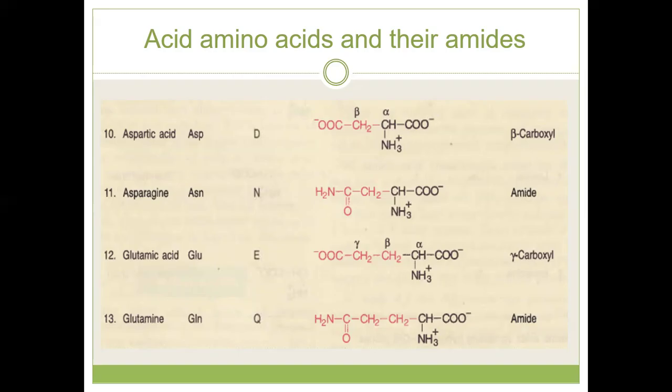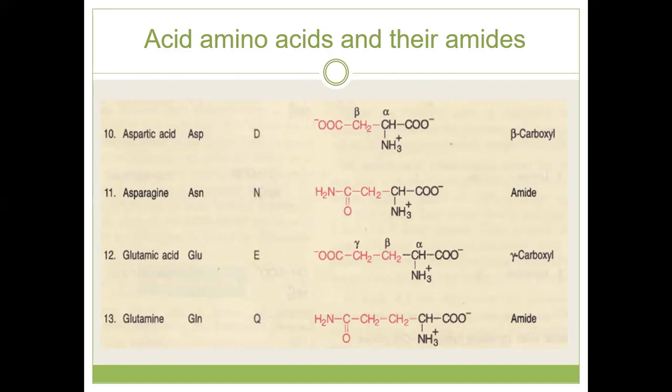The same thing in the case of glutamic acid, where we have another carboxyl group, but in this case attached not to beta carbon, but rather to gamma carbon. This carboxyl group in aspartic acid or on glutamic acid can be attached to an amino group.